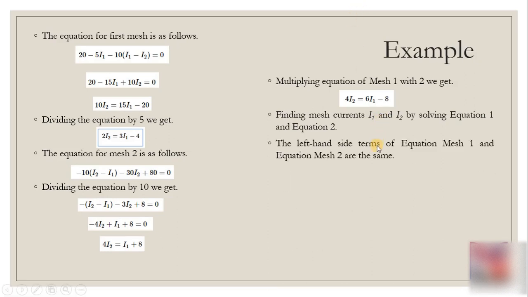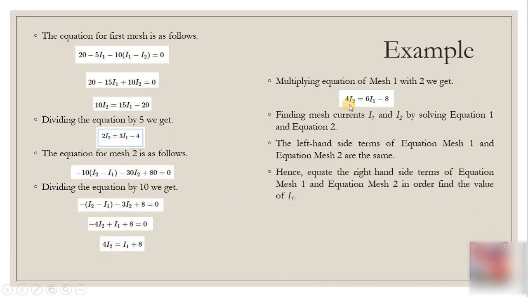The left hand sides of the mesh 1 and mesh 2 equations are the same: 4I2 is here and 4I2 is here as well. So equating the right hand sides in order to find the value of I1, we get 6I1 minus 8 is equal to I1 plus 8.